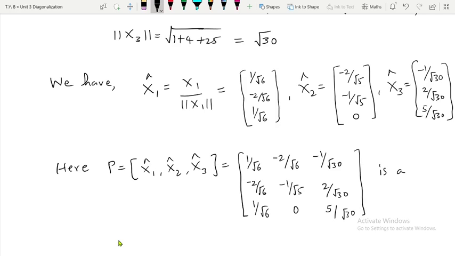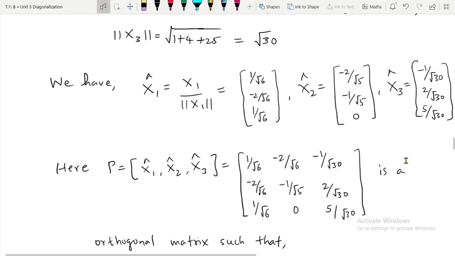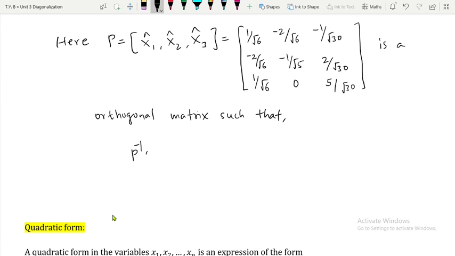This is an orthogonal matrix such that P inverse AP is equal to the diagonal matrix. And what is my diagonal matrix? 0 0 0, 0 1 0 and 0 0 6. Okay, and that is what I wanted to prove.